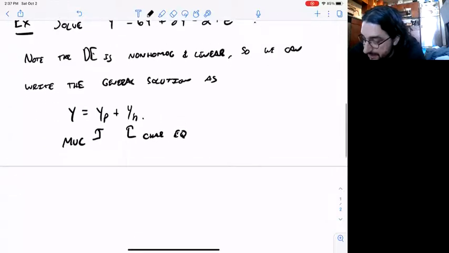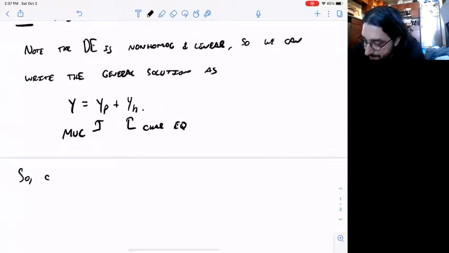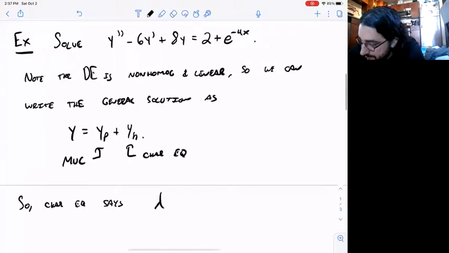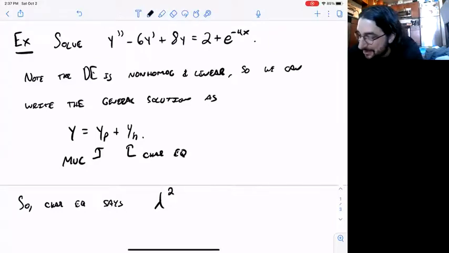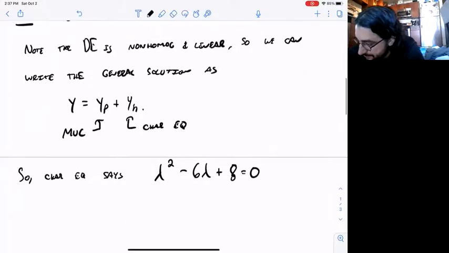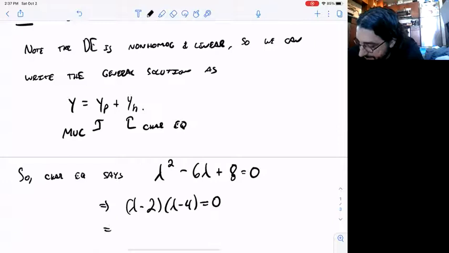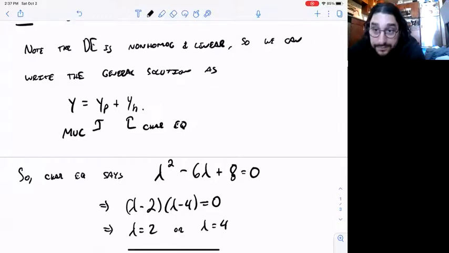For the particular, we do undetermined coefficients, and for the homogeneous, we do the characteristic equation. So let's start with the characteristic equation: lambda squared minus 6 lambda plus 8 equals 0. This becomes lambda minus 2, lambda minus 4 equals 0. So lambda is 2 or lambda is 4.